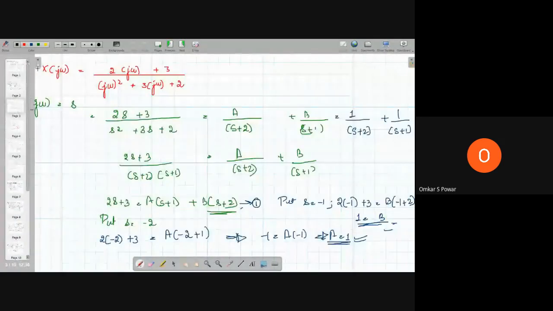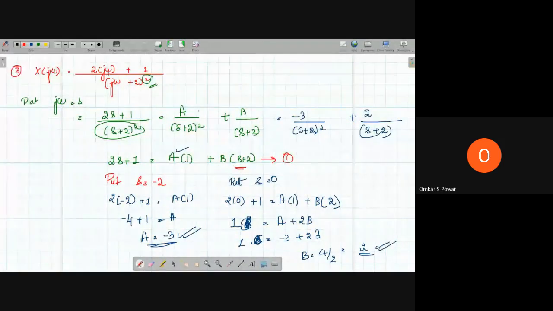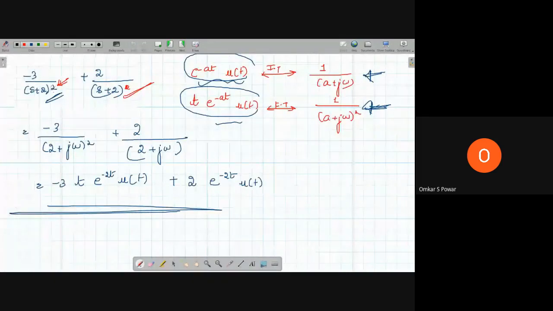Then another problem I solved using that. Then I gave a slight variation, with the denominator raised to the power of 2. We can express it in terms of partial fractions, and again the same thing, but with a slight variation because the square is there. So e power minus at u of t is 1 by a plus j omega, but if the square is there, it is t e power minus at u of t. That's a minor change you have to notice.